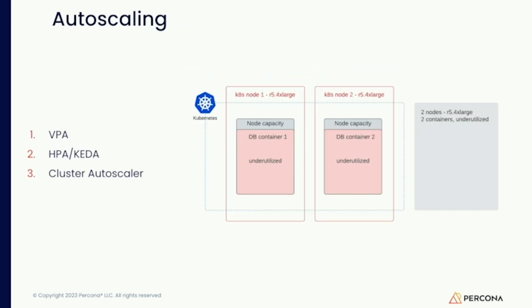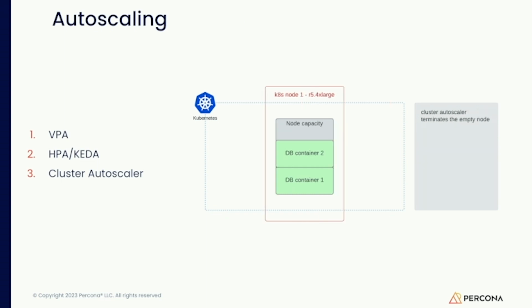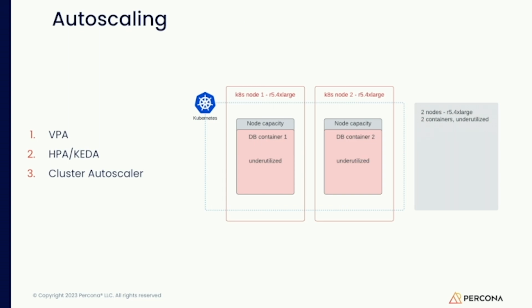Now, what is another powerful method to reduce the cost and keep costs under control? It is auto-scaling, right? We all have workloads that sometimes require more resources, sometimes require less, and Kubernetes can be pretty efficient with that. There are multiple methods to do auto-scaling.